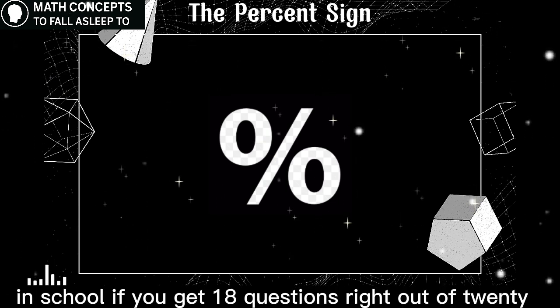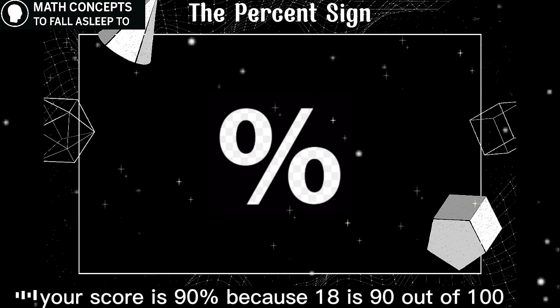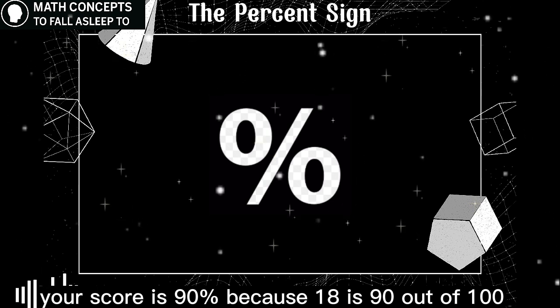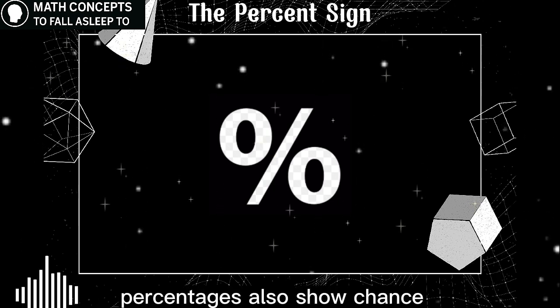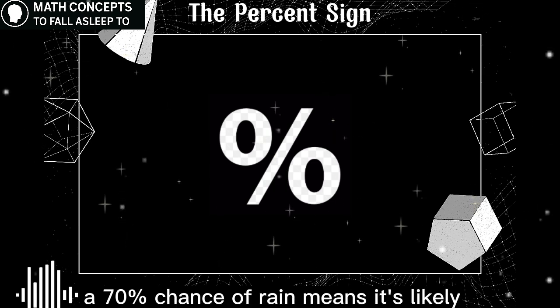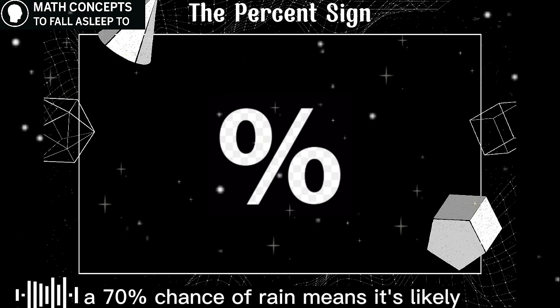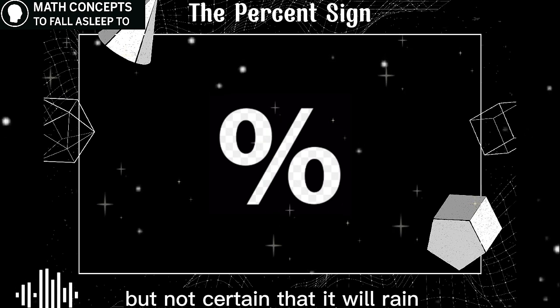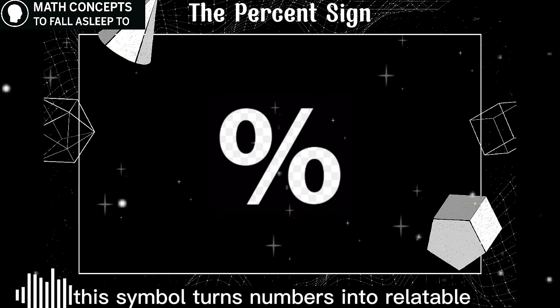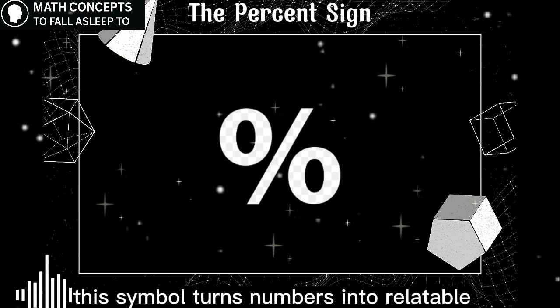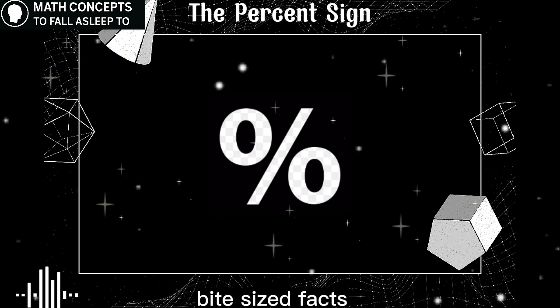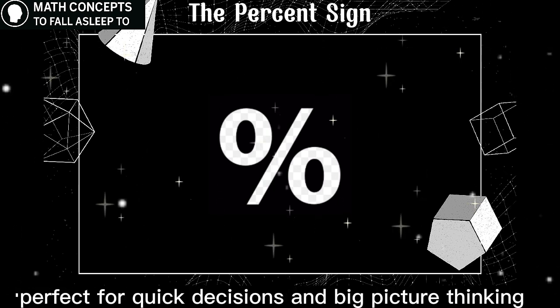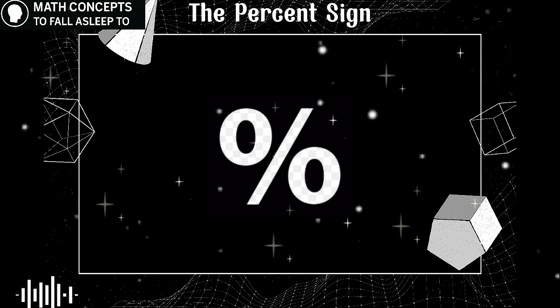In school, if you get 18 questions right out of 20, your score is 90%, because 18 is 90 out of 100. Percentages also show chance. A 70% chance of rain means it's likely, but not certain, that it will rain. This symbol turns numbers into relatable, bite-sized facts, perfect for quick decisions and big-picture thinking.